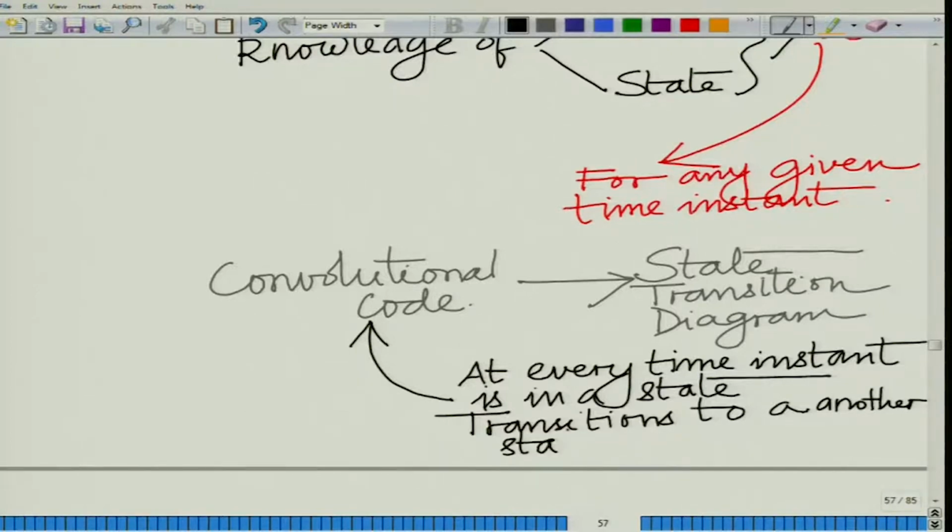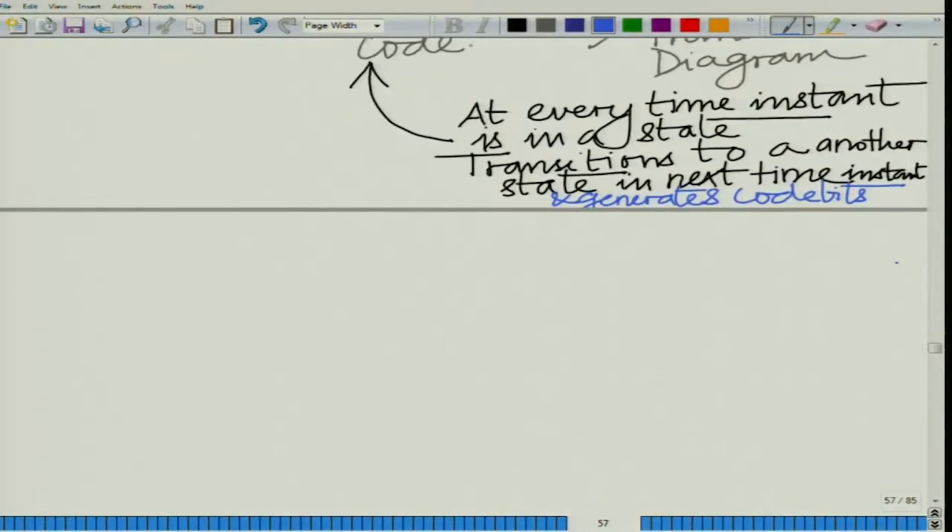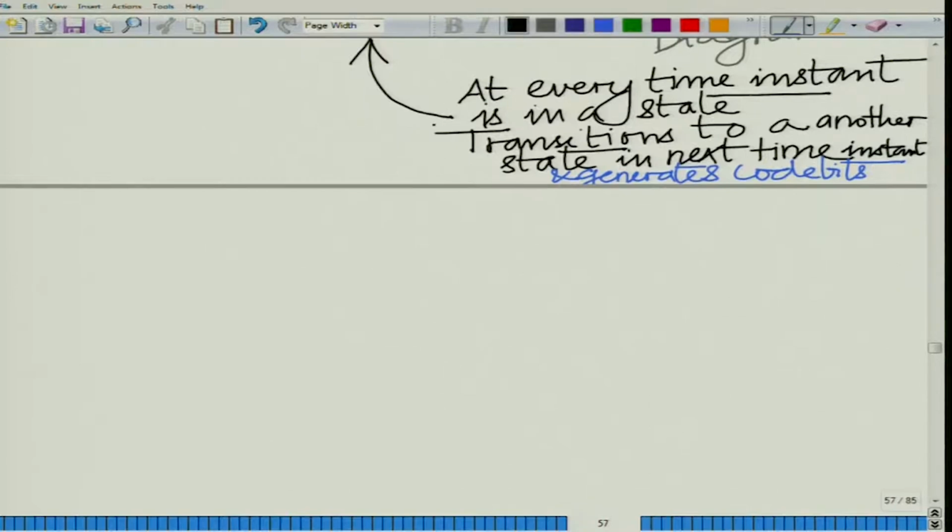There can be self transitions also. In the next time instant, of course, it generates code bits.